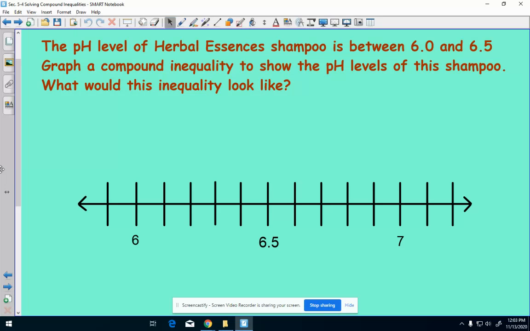So if you want to be between those values, you have something here going that way, and something here going that way. Would you consider this thought to be an and or an or thought? You agree or disagree?